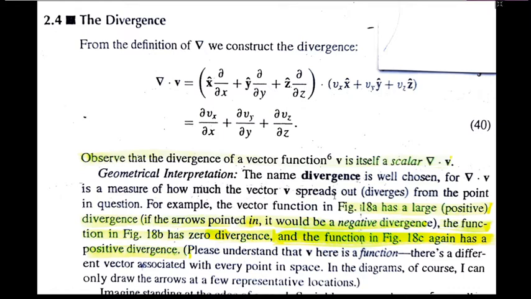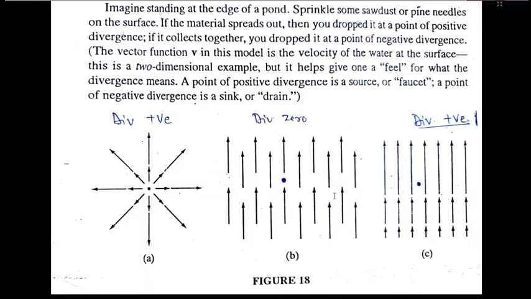So if del dot v is positive, it is a diverging vector, and if the result of del dot v is negative, it is a converging vector at that particular point of interest. Okay, so if I take a pictorial representation, it would be much easier to understand.